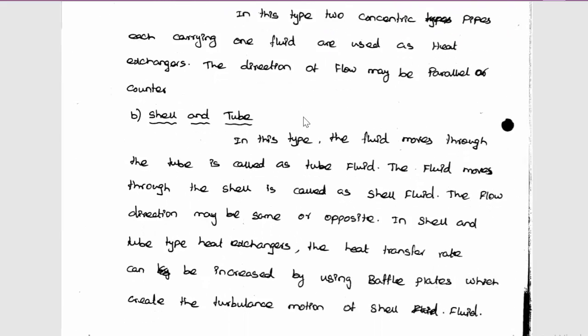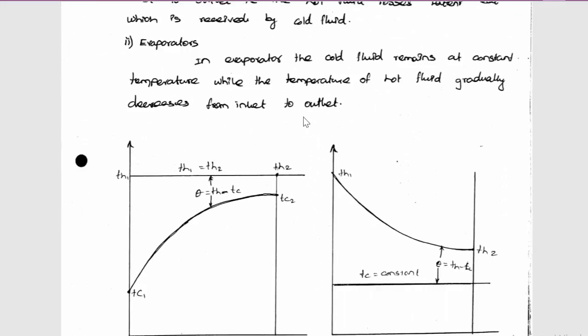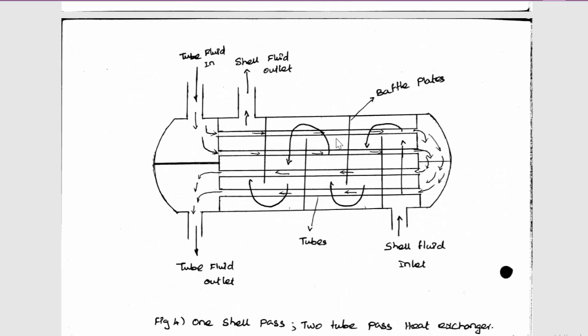Here I am going to show you the shell and tube type. Here there will be a large shell like this. This is your shell, and inside the shell there will be a number of tubes like this. Inside the tube the hot fluid or cold fluid may be flowing in this direction and it will return in this direction.